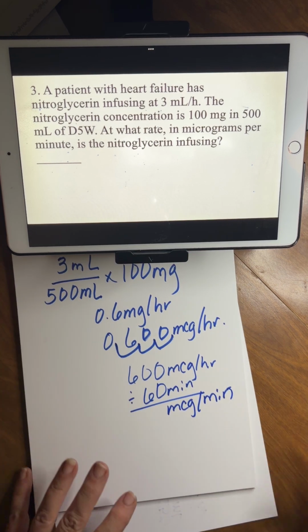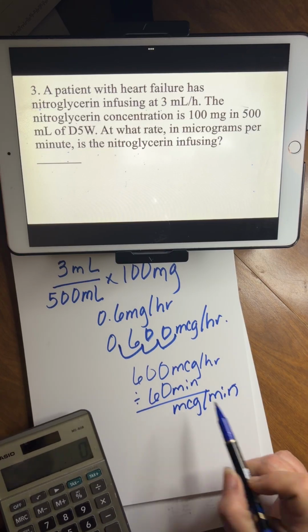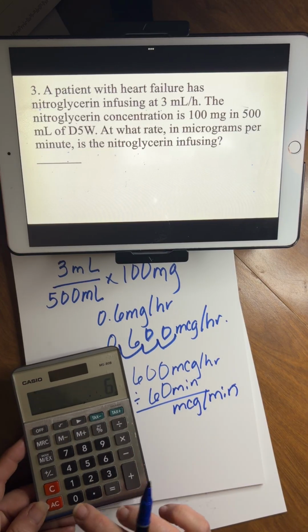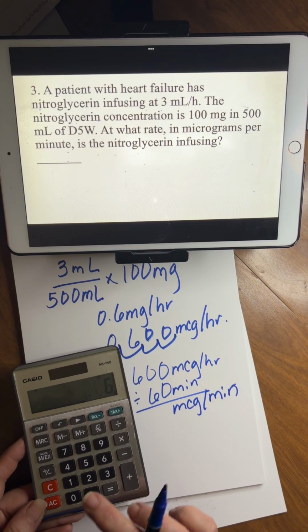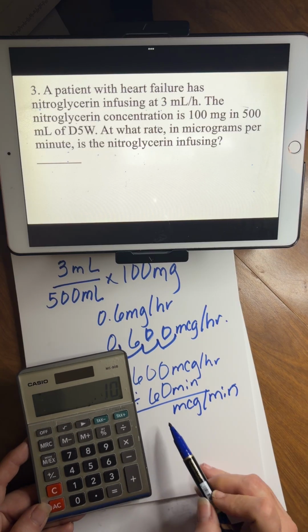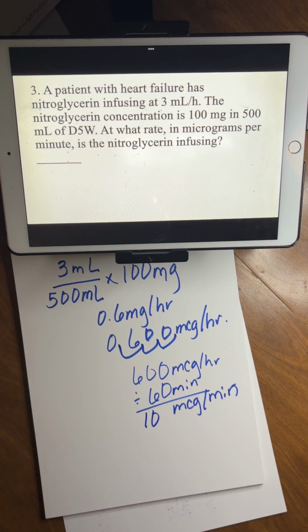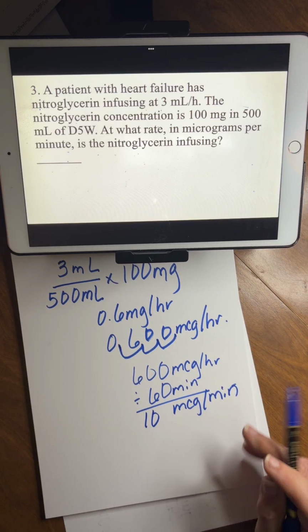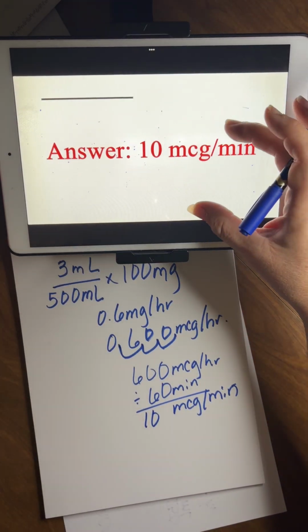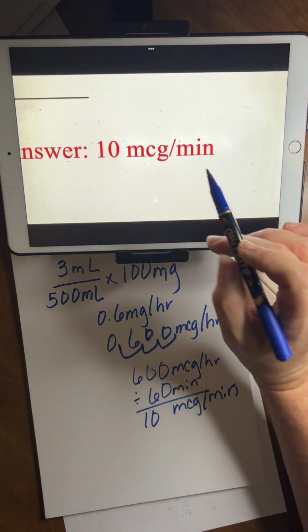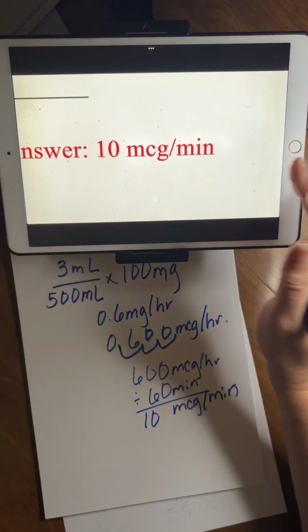Okay, so let's do this. 600 divided by 60 equals 10 micrograms per minute. Look, we sure did save him. You see it right here in front of everybody.